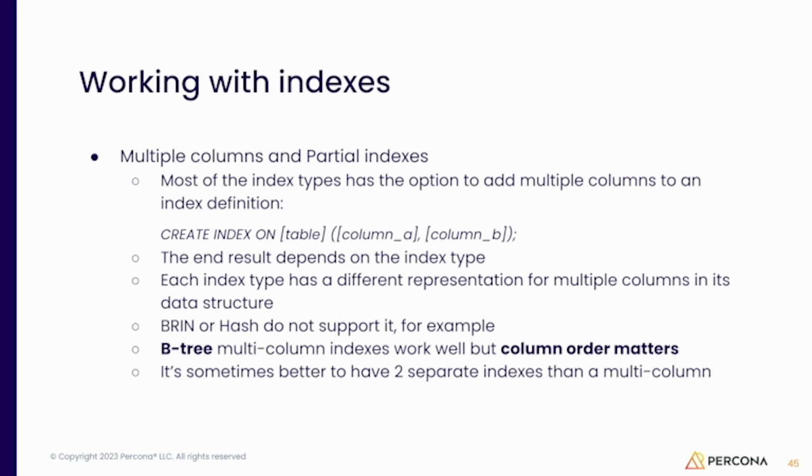So we can have multiple columns and partial indexes. I created just a few minutes ago an index using two columns, right? The ID and the name, so that's pretty normal, just like any other database. We can also have partial indexes. And this is interesting. Let's say we have a table user, for example, and on the table user we have the zip code.